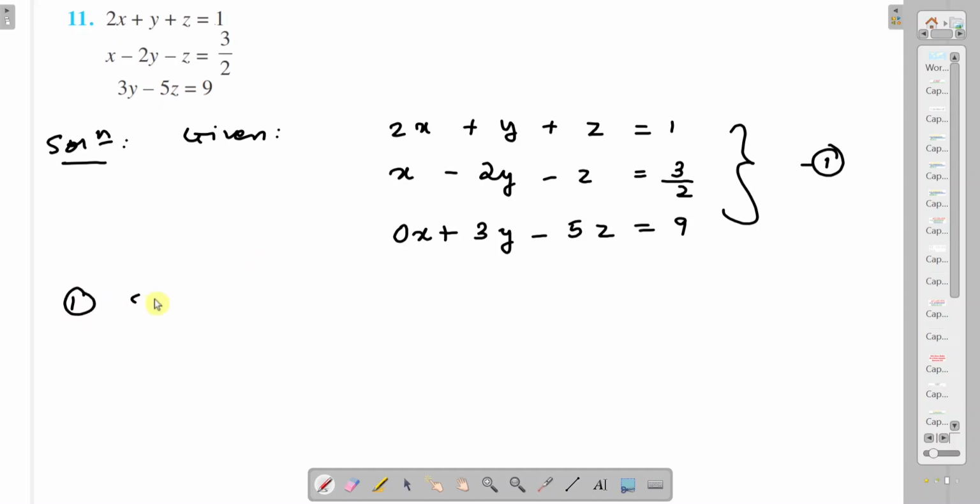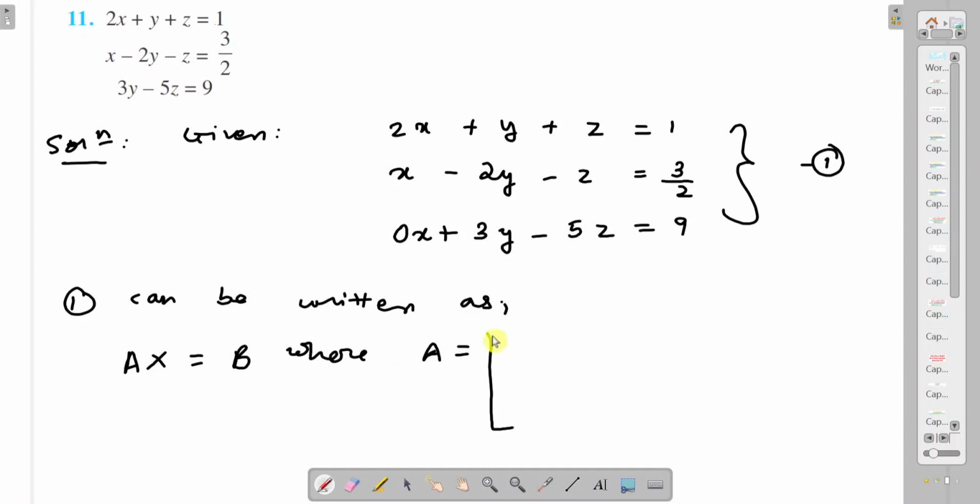System 1 can be written as AX equal to B. The method is the same. Here capital A is the matrix 2 1 1, 1 minus 2 minus 1, 0 3 minus 5.